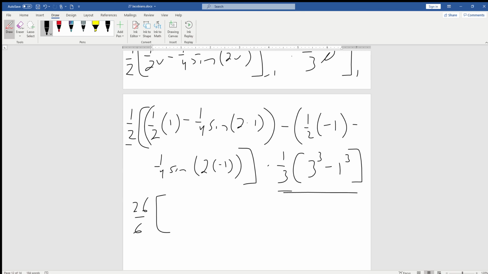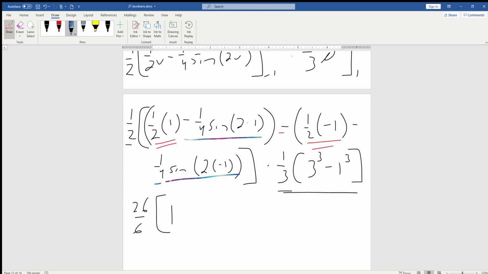We have 1/2 times 1, which is a half, minus a negative 1/2, so that's a 1. That comes from 1/2 minus a negative 1/2, so that's where we get this 1 from. And then finally we have negative 1/4 sine of 2 minus a negative 1/4 sine of negative 2, so it becomes plus 1/4 sine of negative 2.